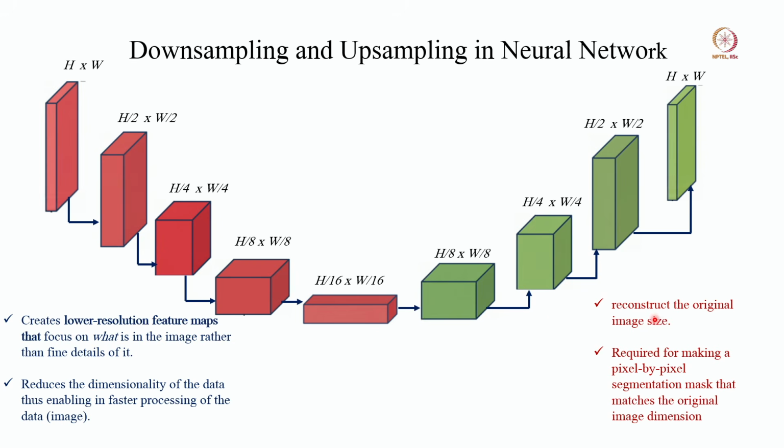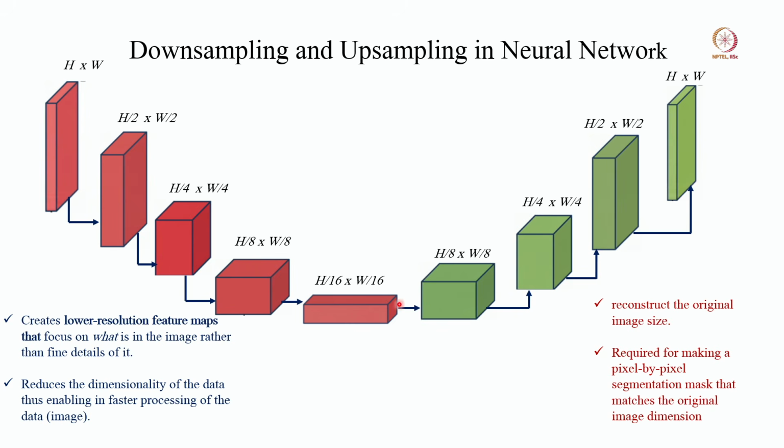Okay. Now, upsampling reconstructs the image to the original size, and is required for making a pixel by pixel segmentation mask that matches the original image dimension. As I was telling in my previous slide also, the segmentation mask that we produce needs to exactly match the initial image dimensions.